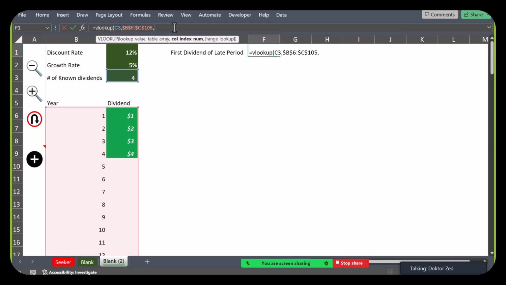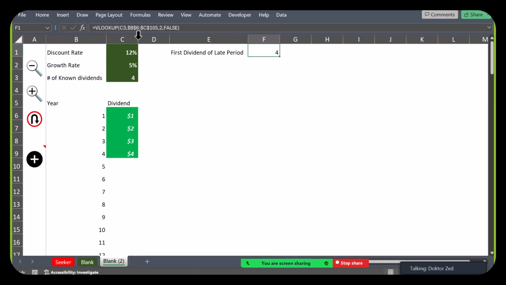I want to grab the second column in this case. The last argument is, do you want an approximate match or an exact match? There are uses of approximate match, and we're going to see that when we cover chapter 8. But for now, I want an exact match. So you write false for the last argument.